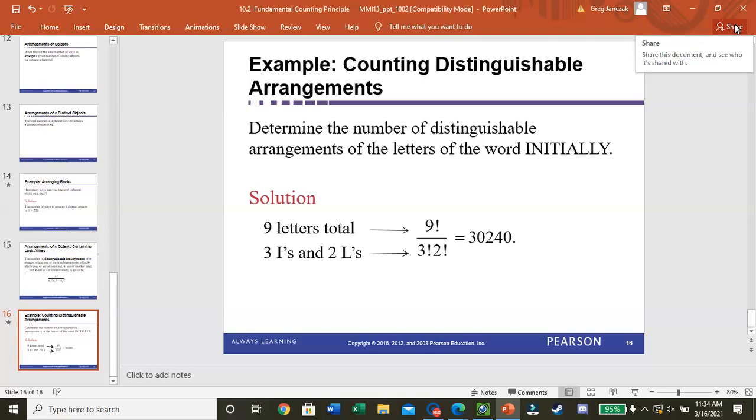All right, let's look at one of the homework problems real quick.